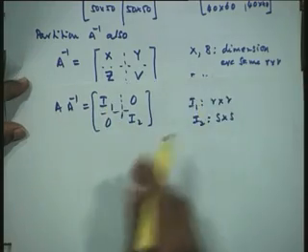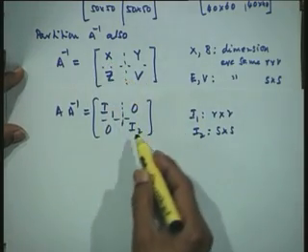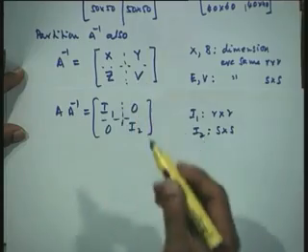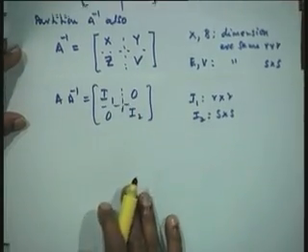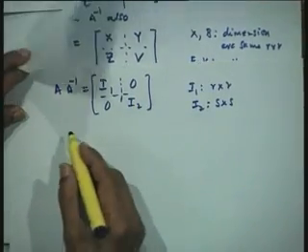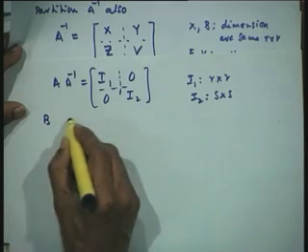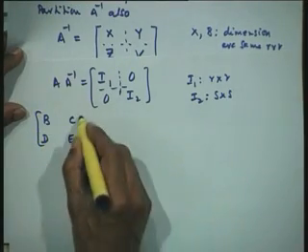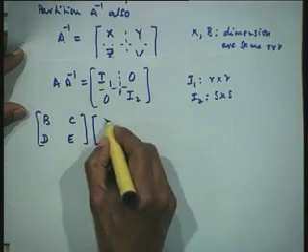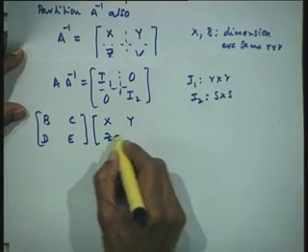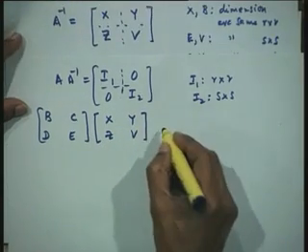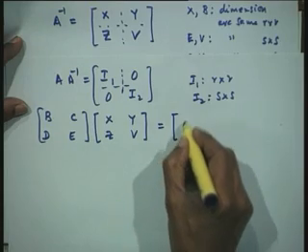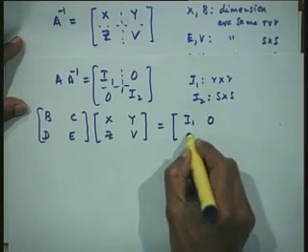I1 will be the same dimension as x and B, and I2 will be the dimension of v. Now let us put the values of A and A inverse, that is B C D E times x y z v, equal to I1 and I2.